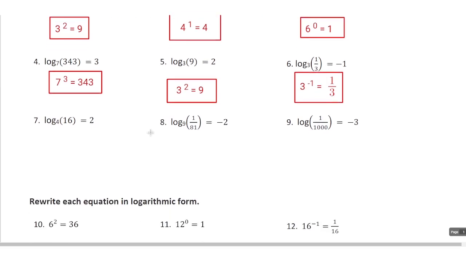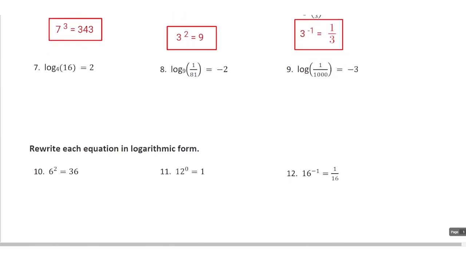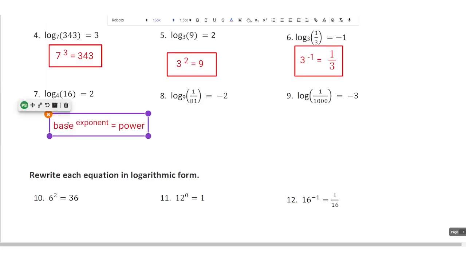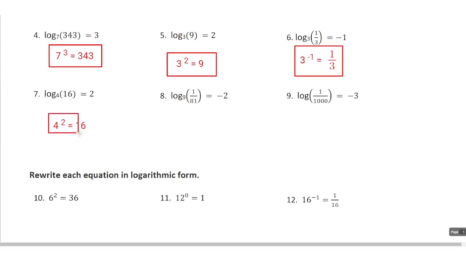Number 7 says log base 4 of 16 equals 2. So in this case, our base is 4. Again, the base is the base in both cases. The exponent is 2, and the power is 16. 4 squared equals 16. Checks out, so we know we did this right.